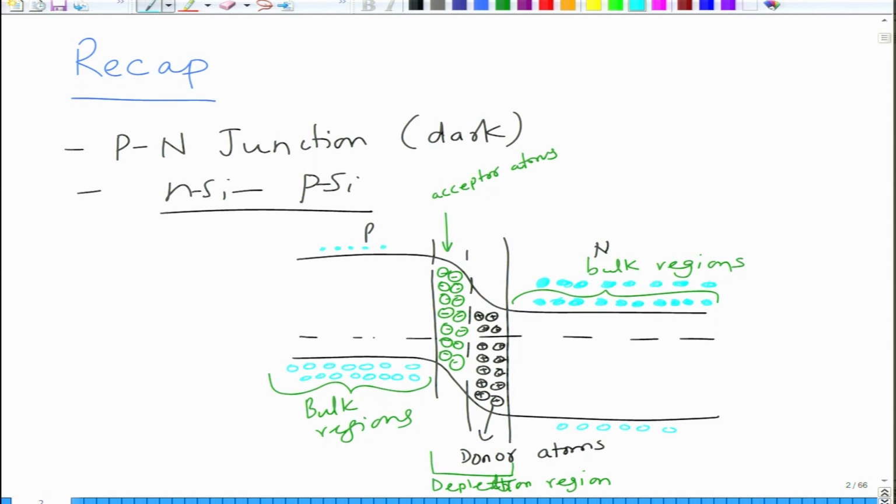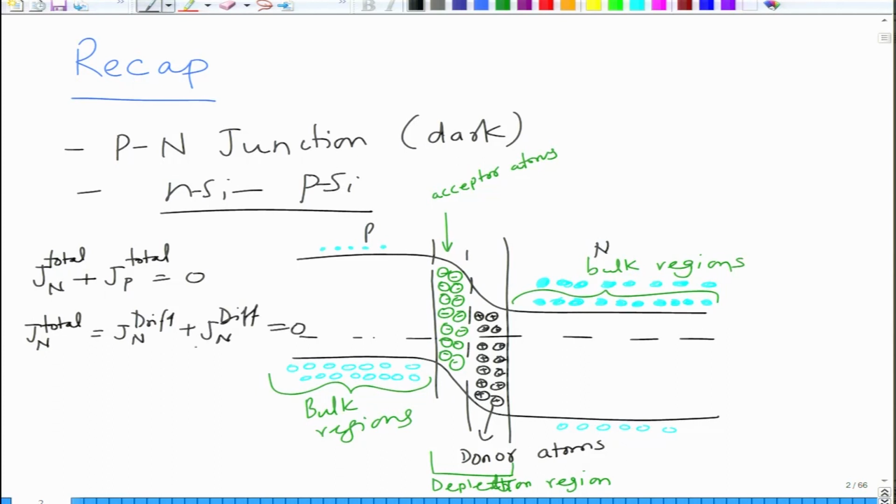So, as we said earlier, in this case Jn plus Jp total is equal to 0. Jn total is equal to Jn drift plus Jn diff, this is equal to 0, and Jp total is Jp drift plus Jp diff, this is also equal to 0.